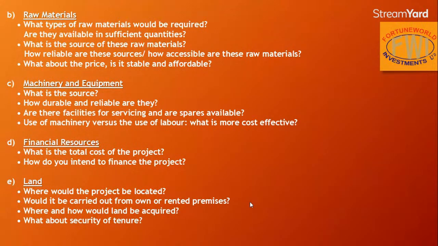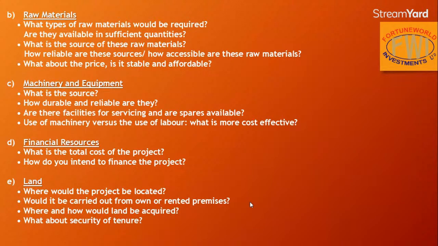Because you don't have that security of tenure, you will have to move out, because after all, it's not your land. So you need to make sure that when you get that piece of land, there should be security of tenure. It should be yours, or you have rented it and you are in a contract, an agreement for how long you are going to be on that piece of land. So very important.